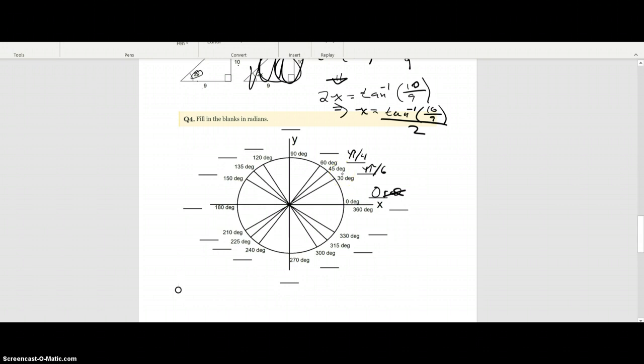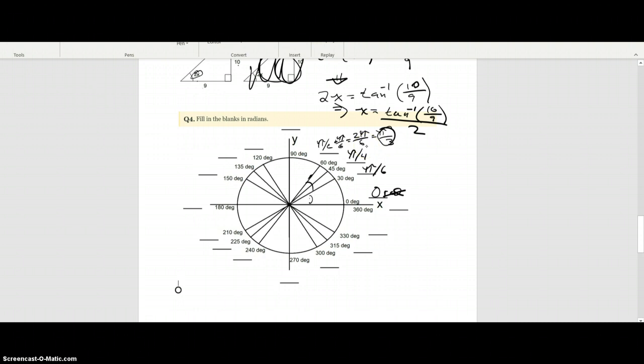So now let's look at the 60 degrees out here. Well, we could go 30 degrees plus another 30 degrees to reach the 60 degrees. So therefore 60 degrees is pi over 6 plus pi over 6. The same thing as saying 2 pi over 6, which, dividing the numerator and denominator by 2, is pi over 3.